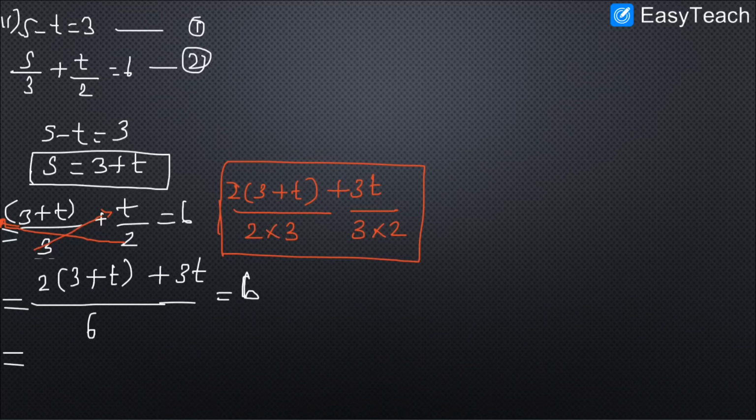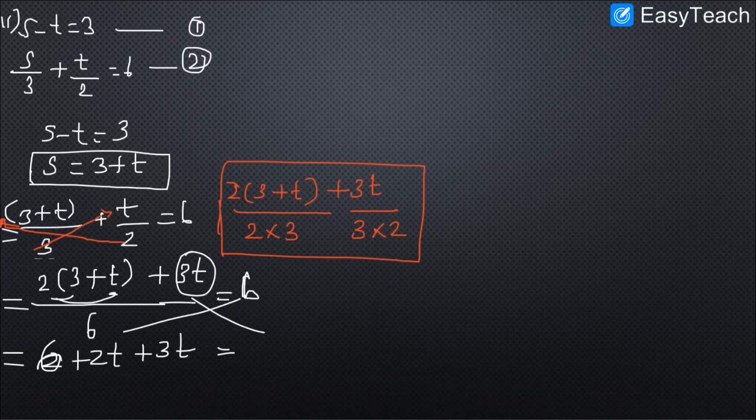Okay, let's solve further. Here we have 2 into, I multiply inside, which means 2 3s are 6, plus 2t plus 3t, and equals, I cross multiply, 6 6s are 36.